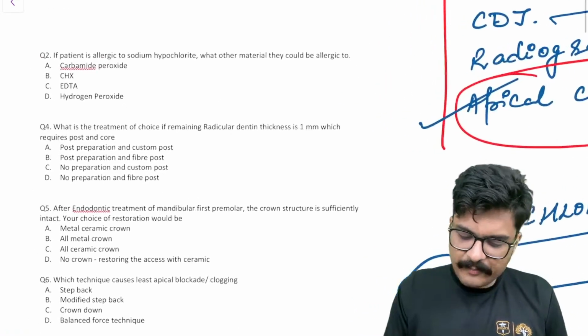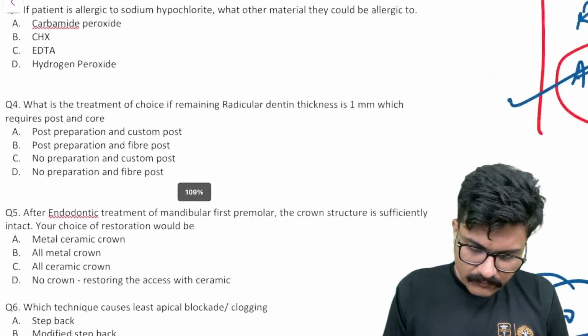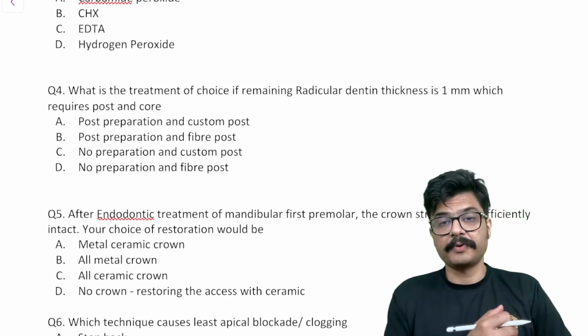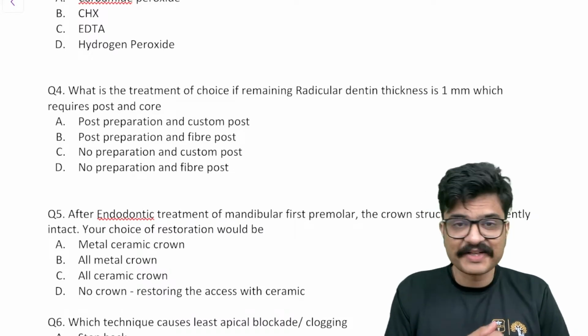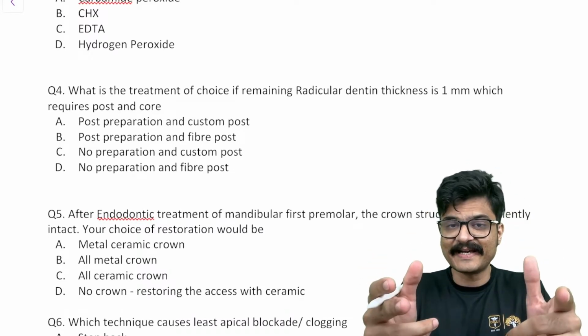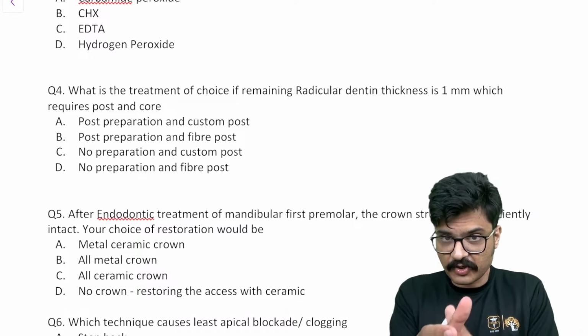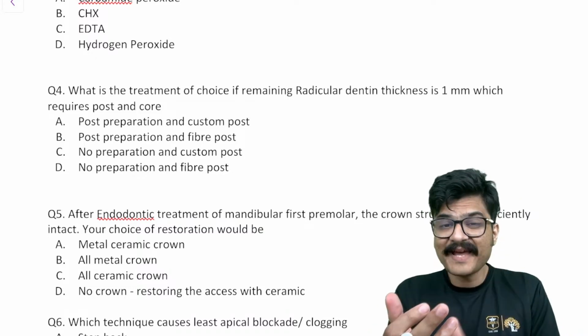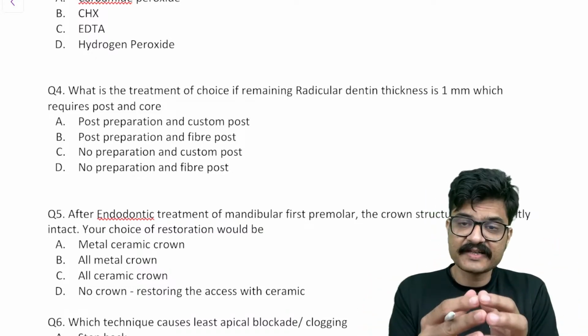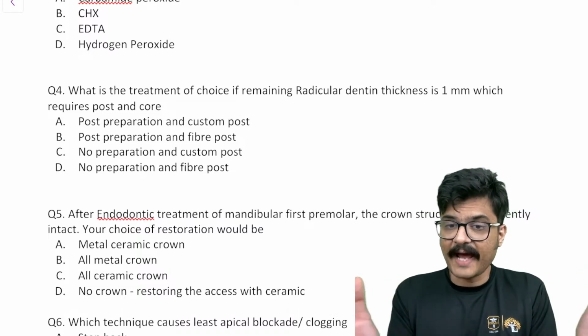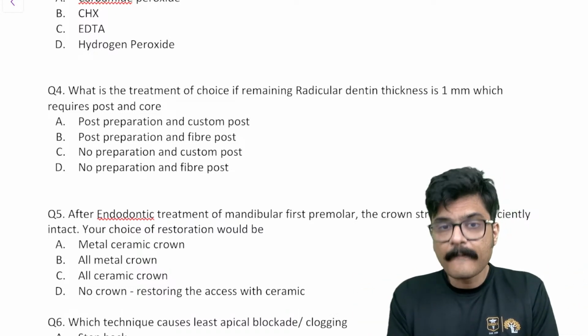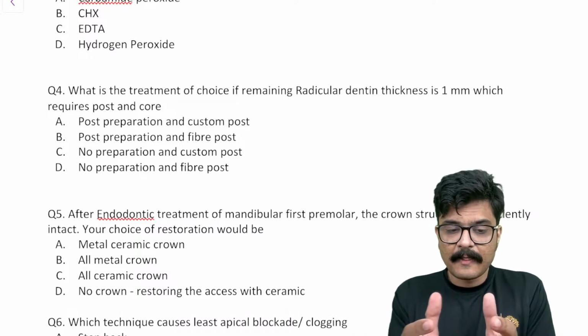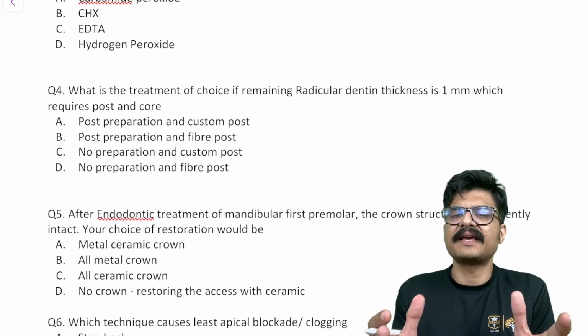So all these are important MCQs, guys. Right? Next important point, very important MCQ, not mentioned in your Cohen, only in your Engel, guys. What is the treatment of choice if your remaining radicular dentine thickness is 1 mm and the case requires a post and core? Basically, what he's saying is that you have a very compromised case.